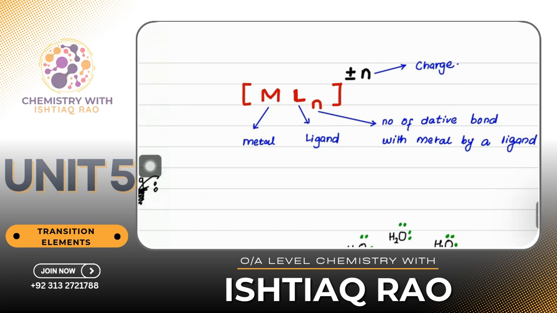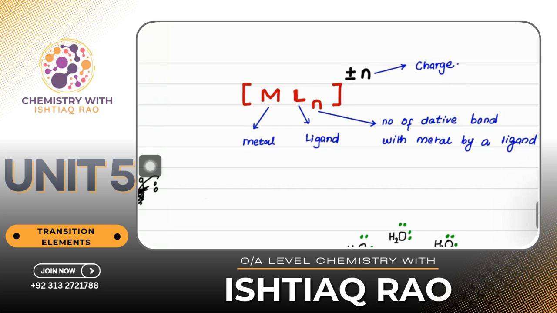It can be positive, negative, or neutral. And then we have two types of N. This N means the charge. Sometimes it's +1, sometimes +2, sometimes -1, sometimes -2. And the next N means the number of dative bonds between the metal and the ligand.